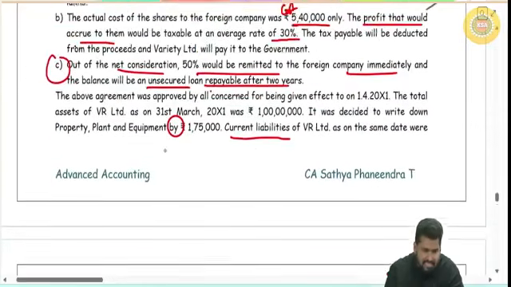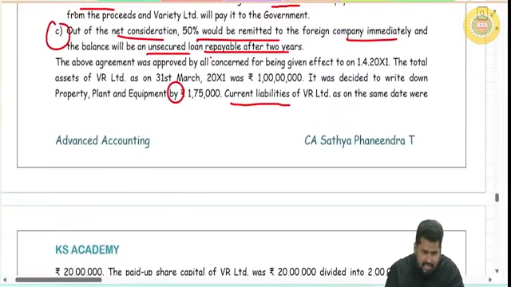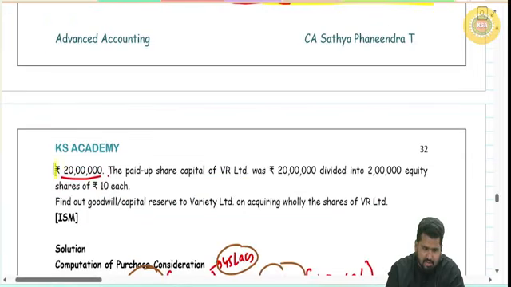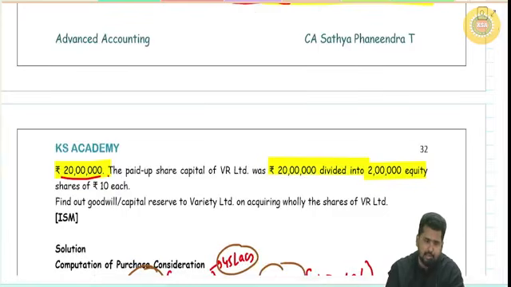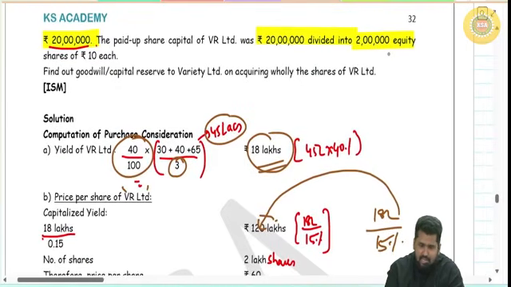Actually, how many shares are there in that company, you know? In the last lines, if you read, the total assets of ER Limited are 100 lakhs. The company has written up PPE by 150, 175. Current liabilities they have also reduced to 20. The paid up share capital of ER Limited is 2 lakh equity shares. Simple, I'll tell you what to do. In this 2 lakh we are already holding some portion.